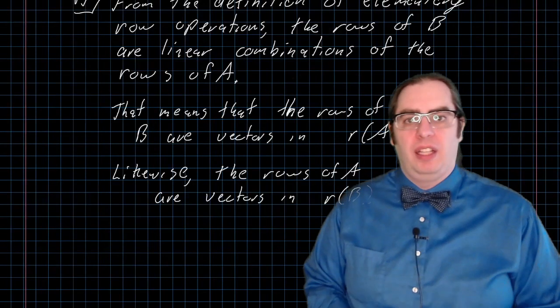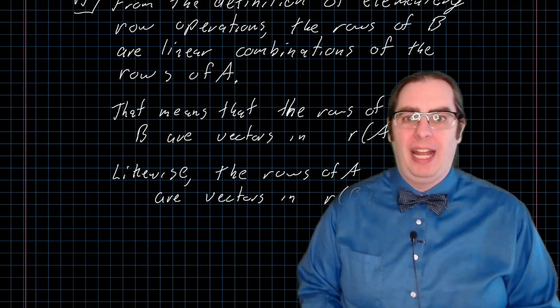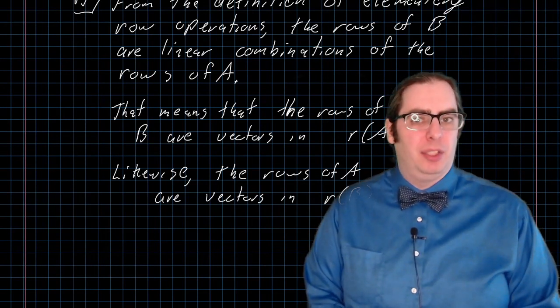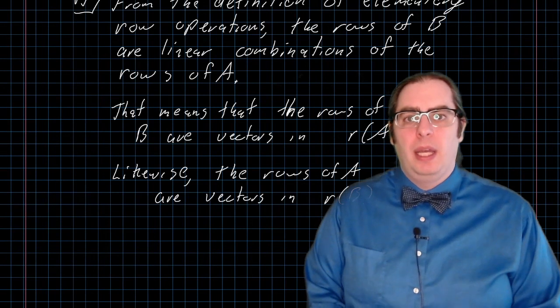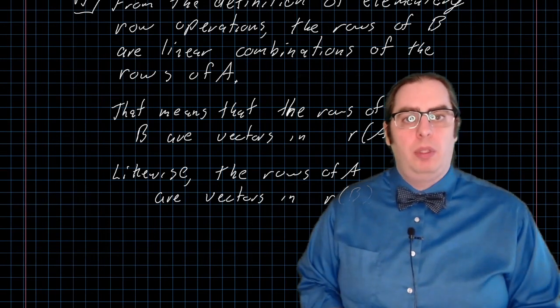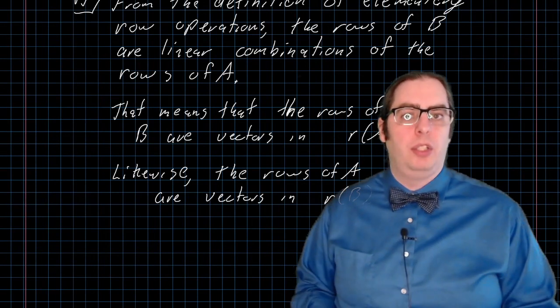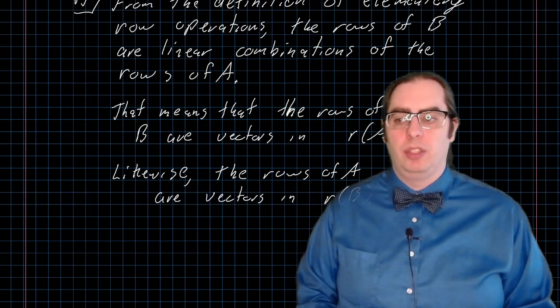From here, things get a little bit crunchy and a bit abstract. I'm not going to keep trying to write things down because I'm not entirely sure if it's worthwhile. But we know that the span of a set of vectors is closed under linear combinations.